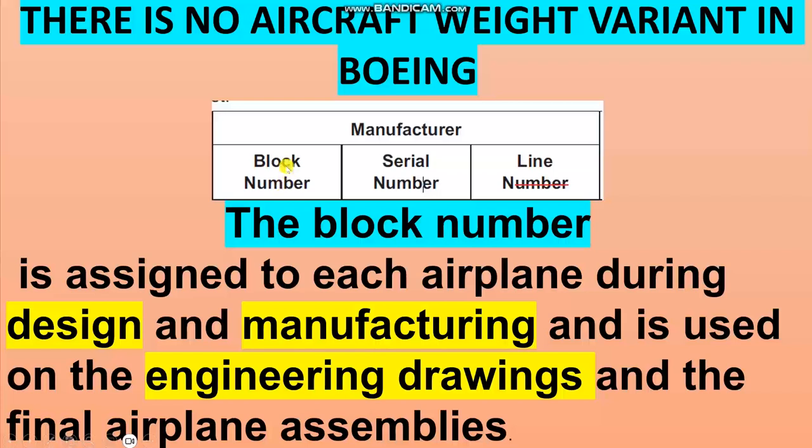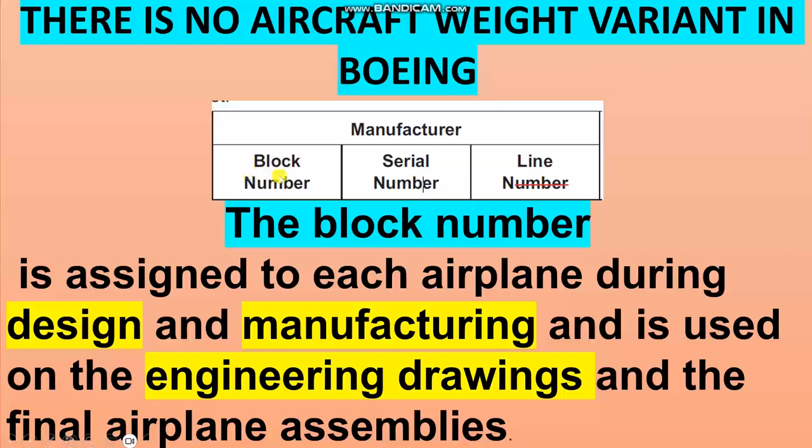The first one, the block number. I think the block number is approximately equal to the weight variant, because the aircraft weight variant includes the weights: maximum zero fuel weight, maximum landing weight, and maximum takeoff weight.